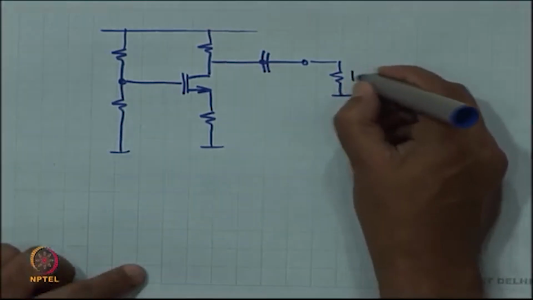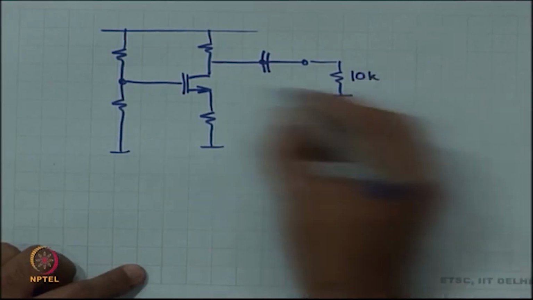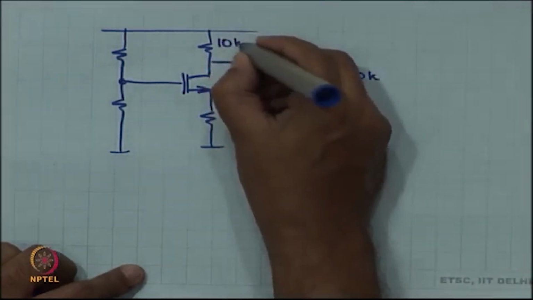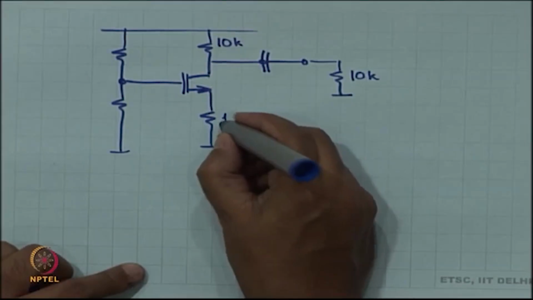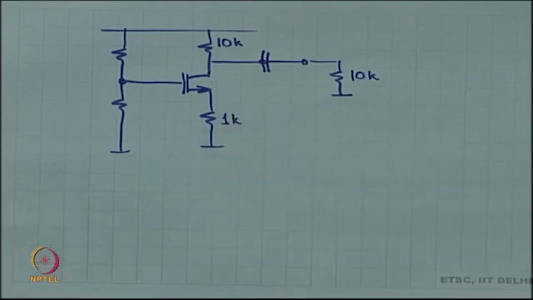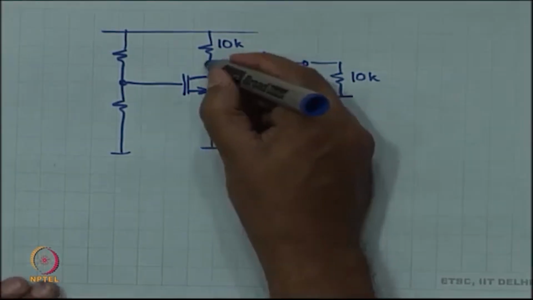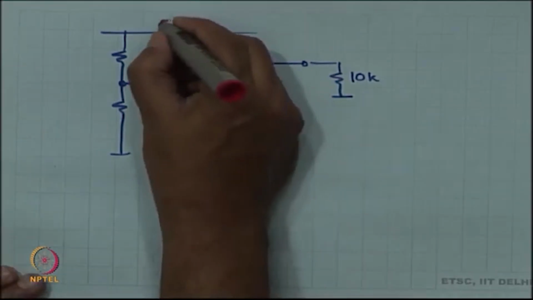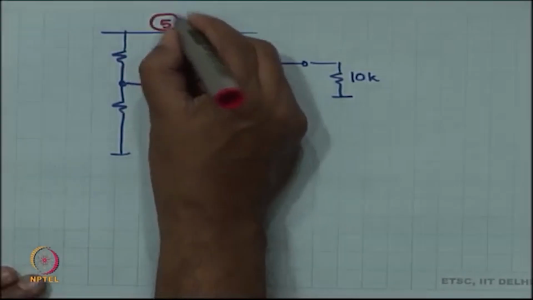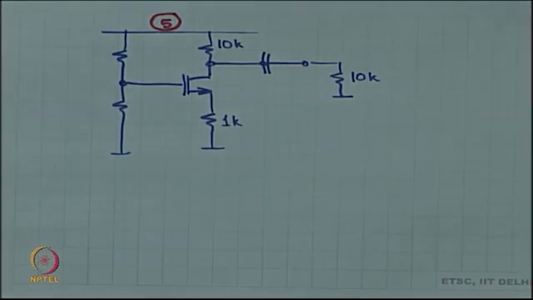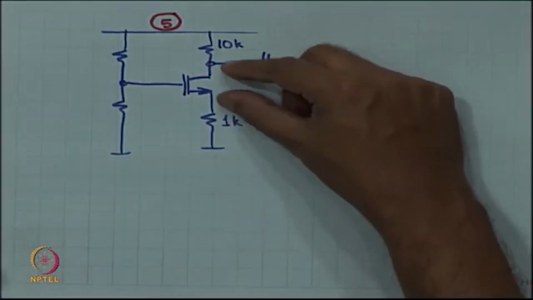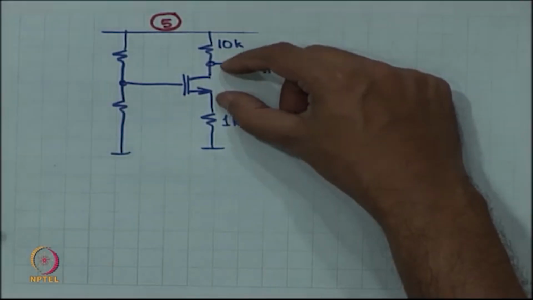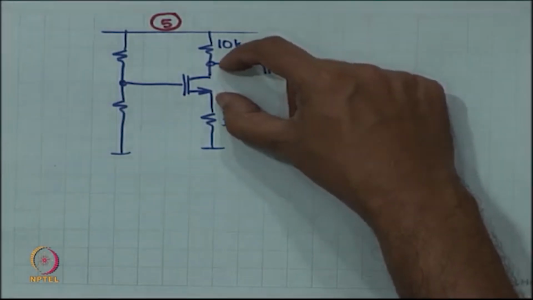Let us say this is 10K, this is 10K and this is 1K. And let us say that this voltage over here is 5 volts, VDD is 5 volts. And let us budget for the DC operating point.